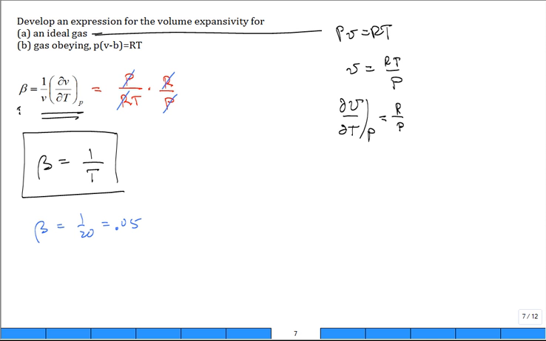Why do we need absolute temperature scale? Because we started with this equation, and what is the T in that equation? Has to be in Kelvin, absolute temperature scale. So if they said 20 degrees C, it's 1 over 293 Kelvin. Notice the units on this are inverse Kelvin. That's the units of beta, inverse Kelvin.